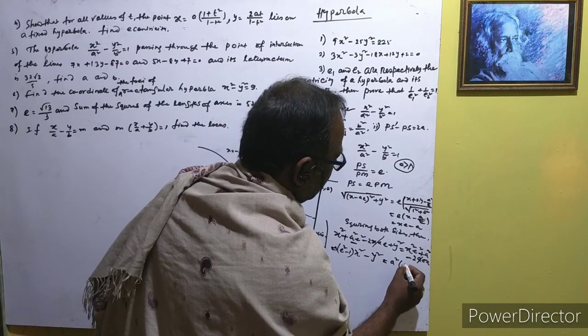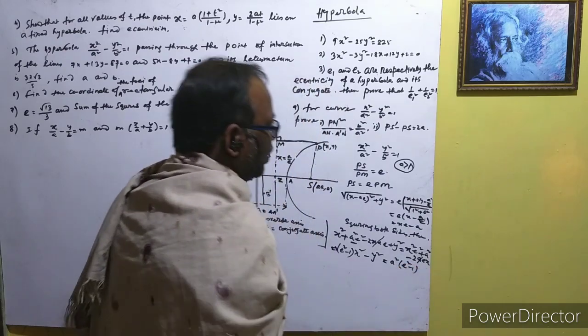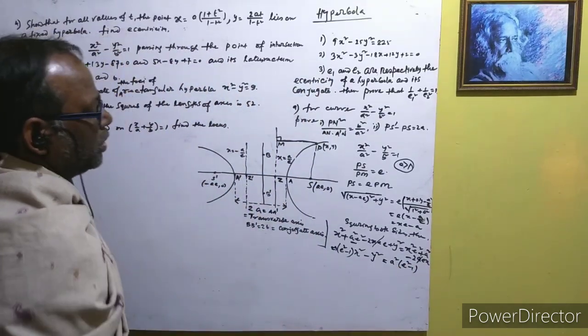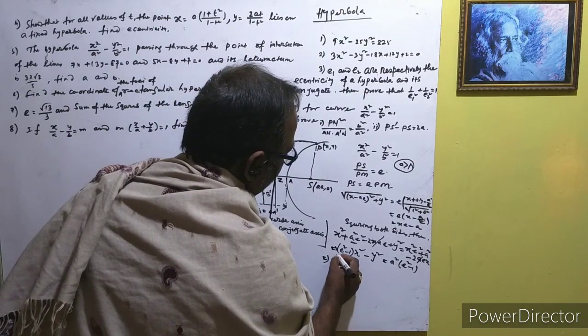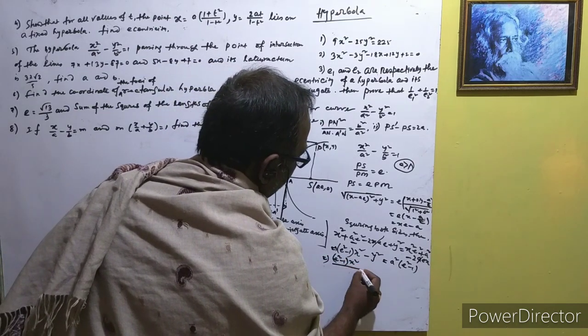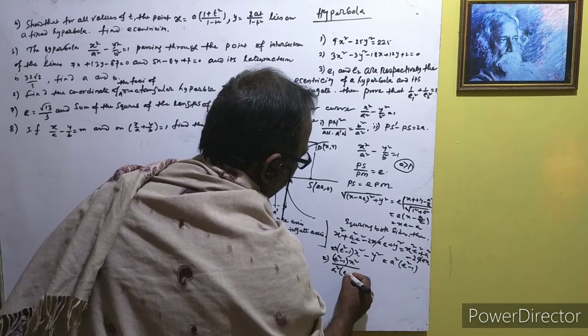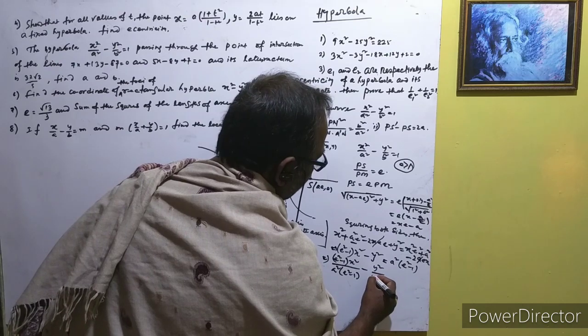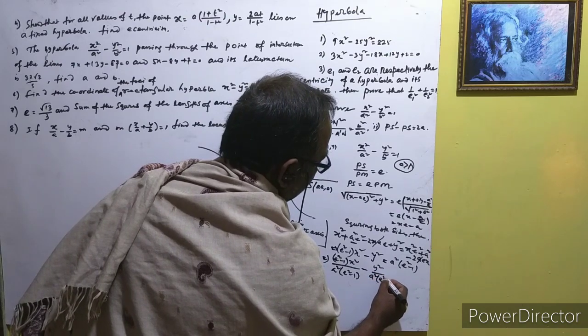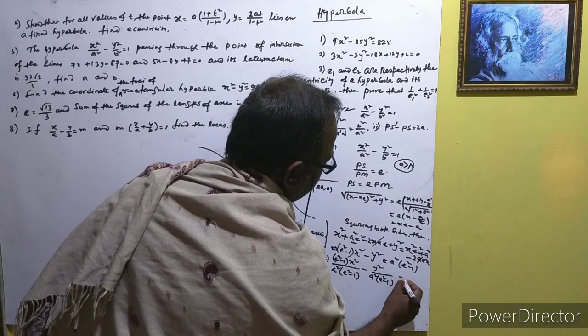So a square taken common, e square minus 1, and dividing by a square and e square on both sides, we get here e square minus 1 into x square, divided by a square into e square minus 1, and same as y square by a square into e square minus 1, and this is equal to 1.